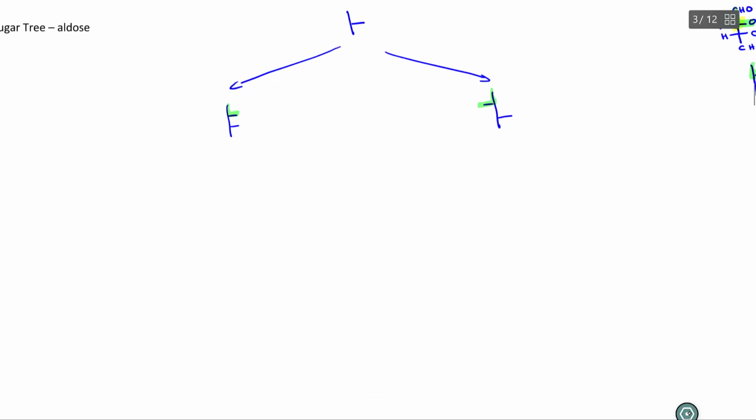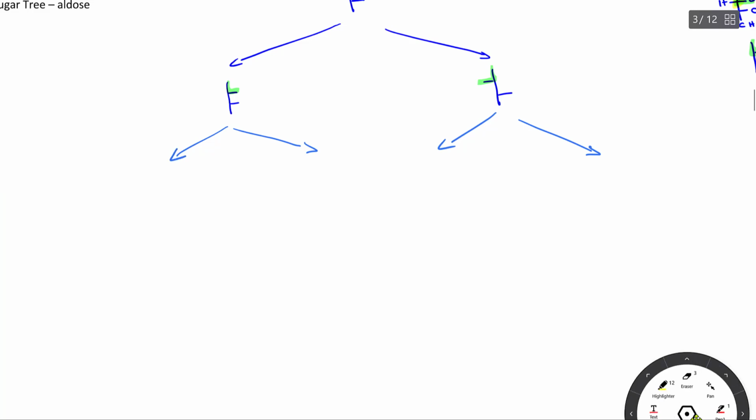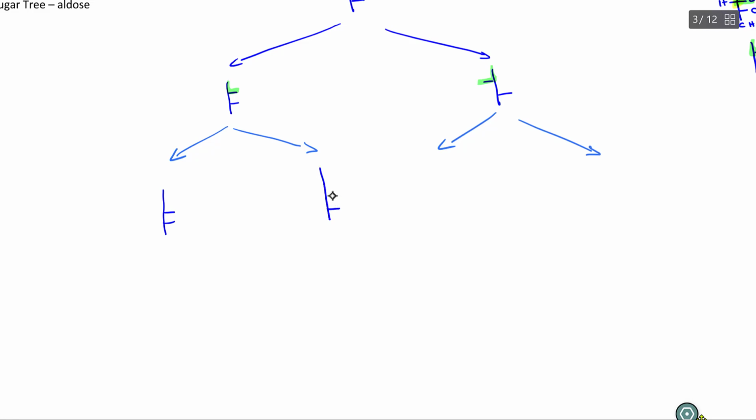Now I'm going to take each one of those and create a branch underneath that. So for each one of these, I'm going to take a branch like this and a branch like this. And so what I'll do is draw this part, which is the same, right? This part is the same. And then the third one is this one and this one like that.